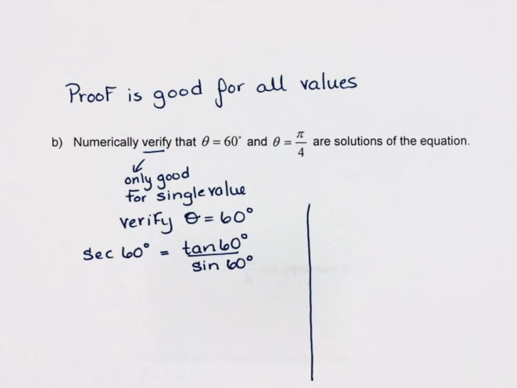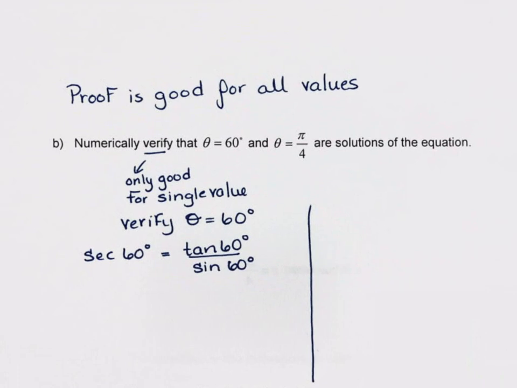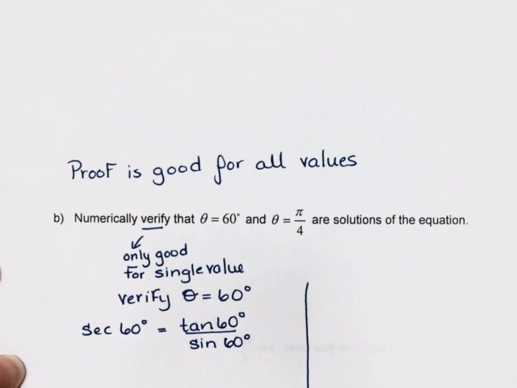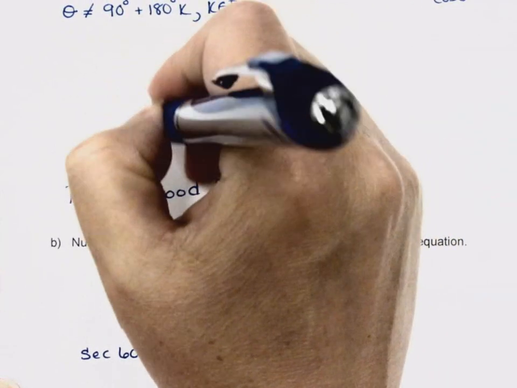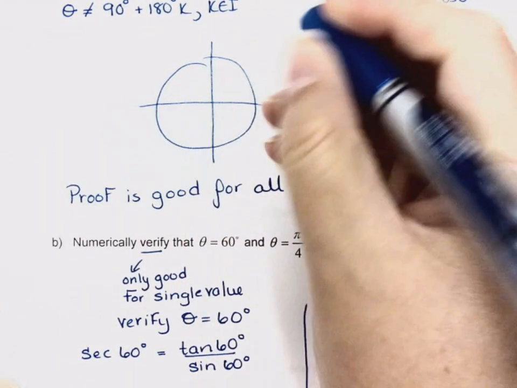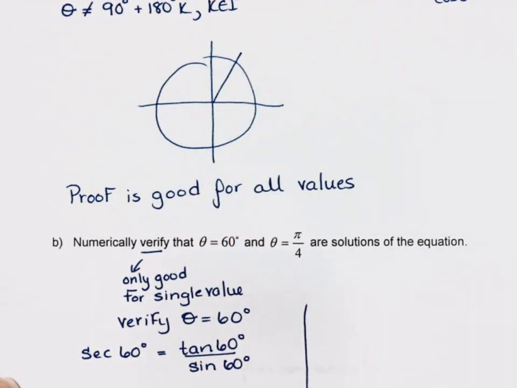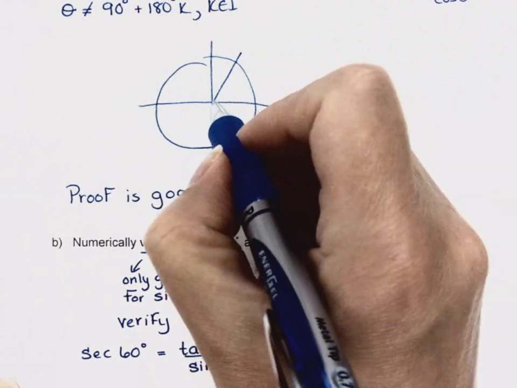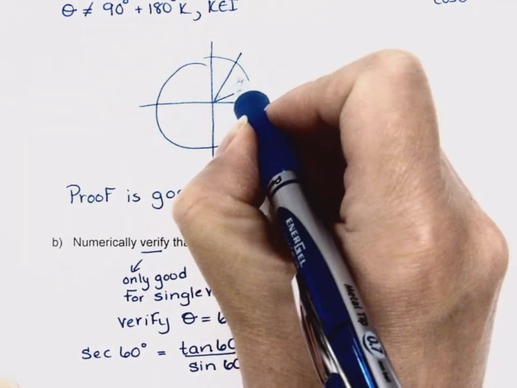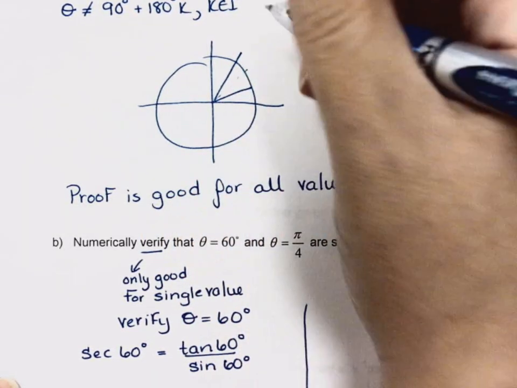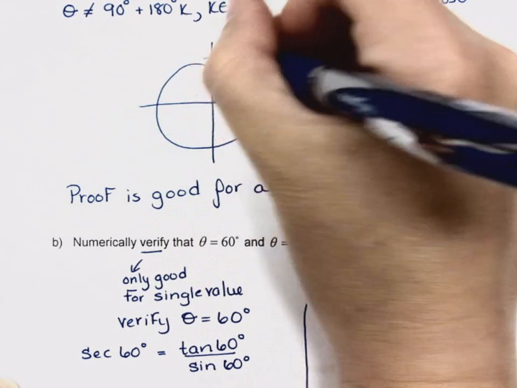Okay, so we need to know stuff about our unit circle. It might be helpful, I'm just going to slide up here for a sec. 60 degrees, would you guys agree that that's up there? 30 would be here, 45 would be here, halfway. So we're going to say that that's at 60 degrees.